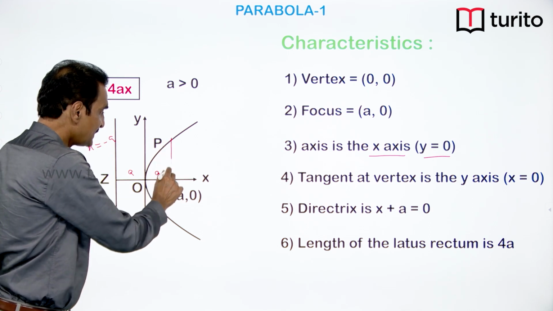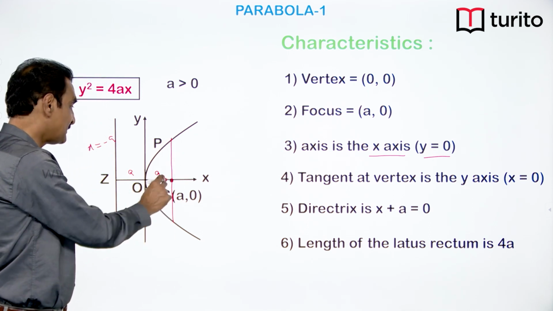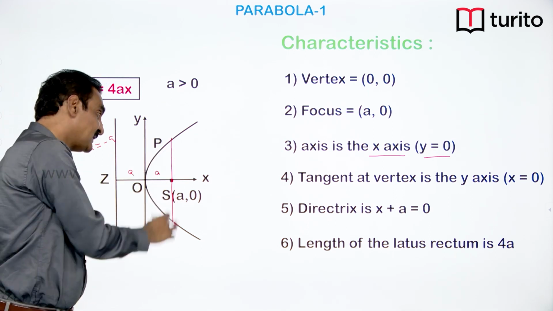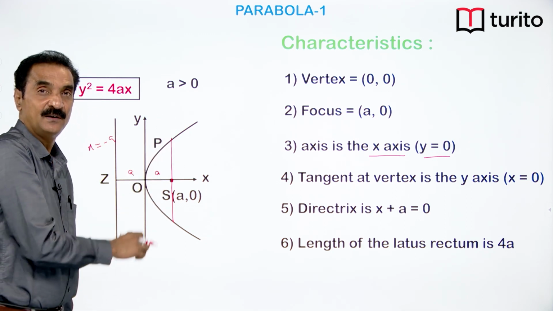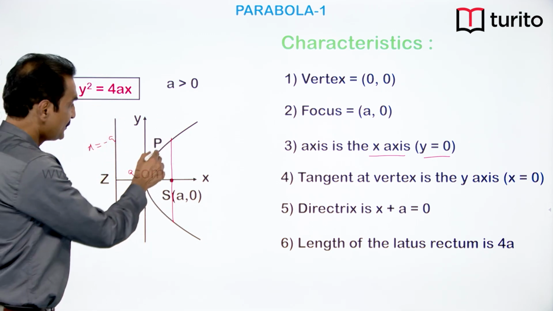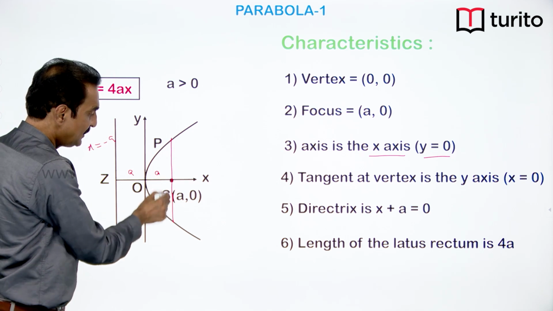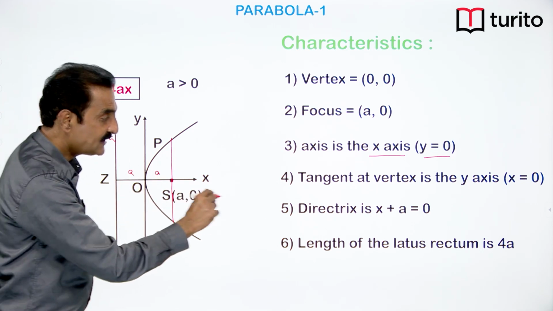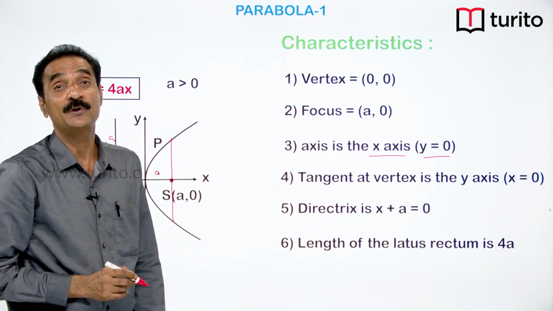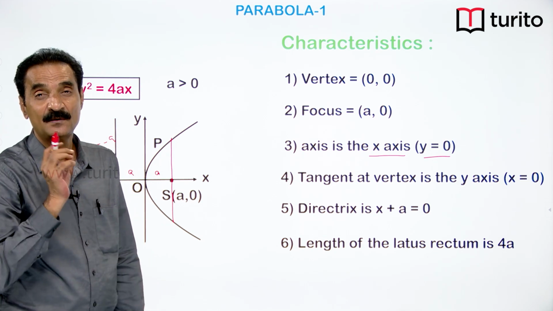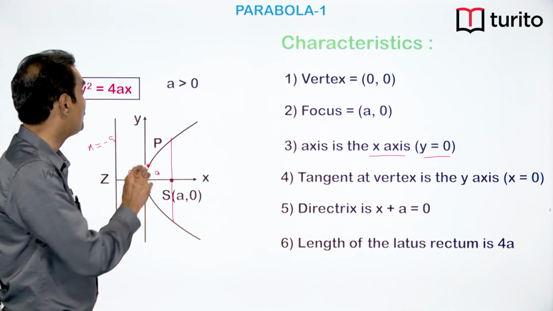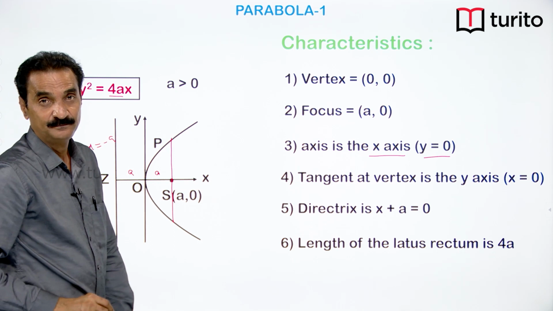If this is the latus rectum, half of the latus rectum is 2a. So, what is the length of the latus rectum? It is 4a. So, this upper part will be 2a, lower part will be 2a, length of the latus rectum of the parabola is 4a. This is one of the most important characteristics of this parabola.